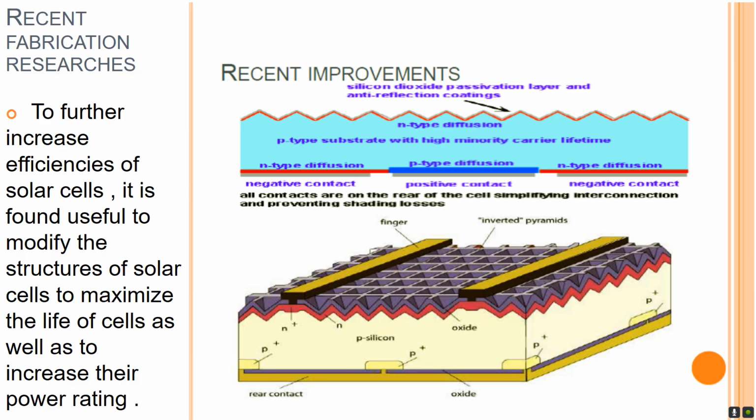So to further increase efficiencies of solar cells, it is found useful to modify the structures of solar cell to maximize the life of cells as well as to increase their power rating. So many solar cell technologies are evolving, and nanotechnology is also one among them.